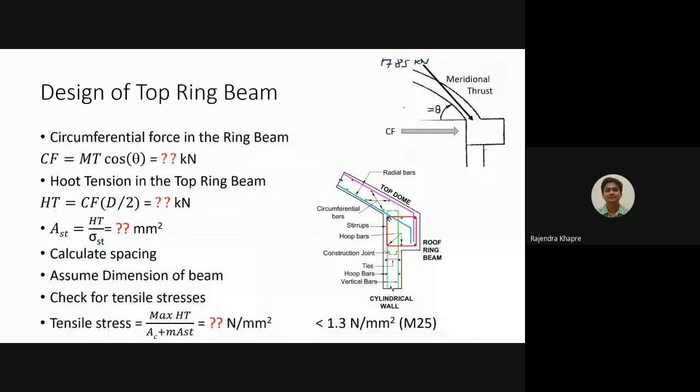So 22.61 degrees. All we have to do is take the cos component of this, so that you can get the circumferential force coming like this. The circumferential force can be calculated as simply 17.85 into cos of 22.61. Please tell me the value.